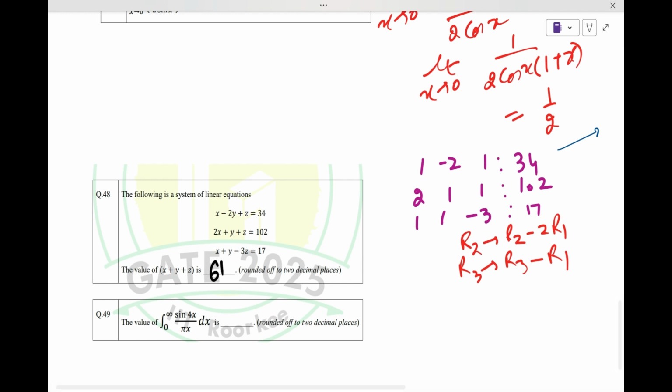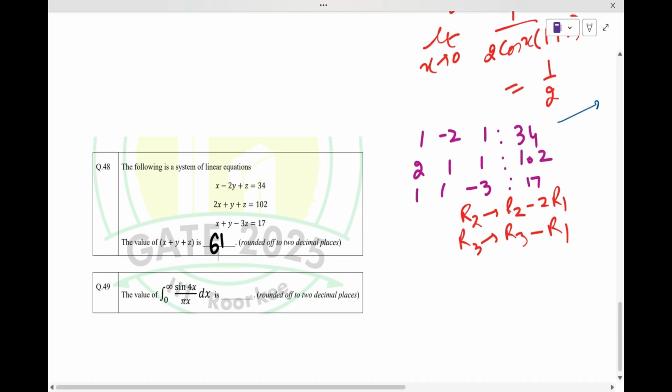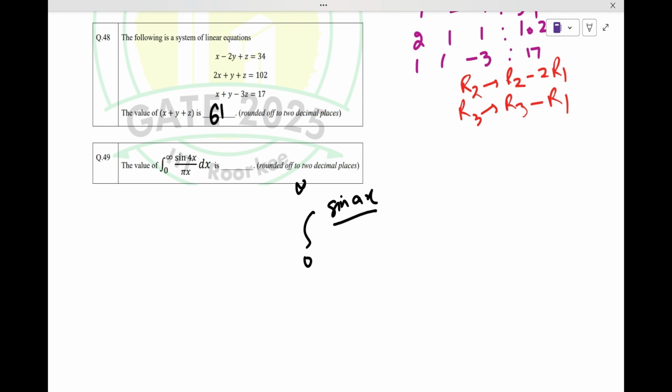Now the last question, that is the value of the integral from 0 to infinity of sin 4x by pi x dx. Now just remember this Dirichlet integral: the integral from 0 to infinity of sin ax by x is always pi by 2 for a greater than 0.